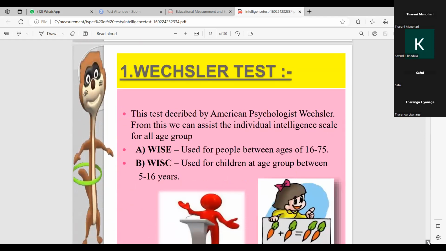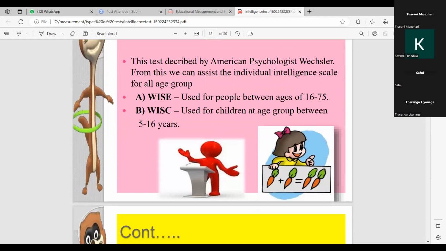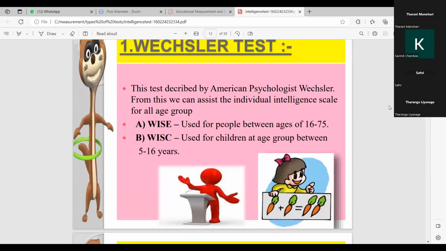About Wechsler's test: this test was described by the American psychologist Wechsler. From this, we can assess an individual's intelligence for all age groups. WAIS, the adult test, can be used for 16 to 75-year-old people. So it has just 3 tests.